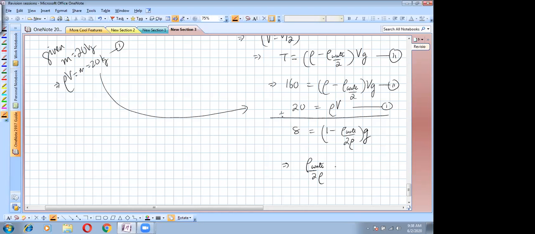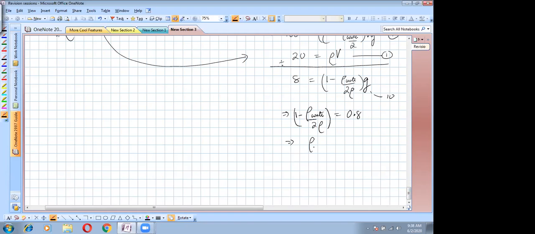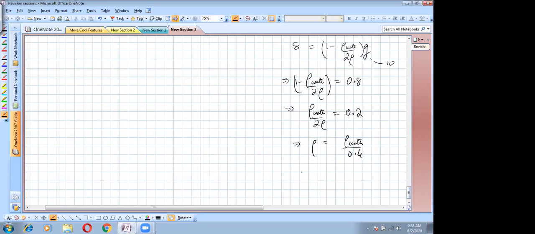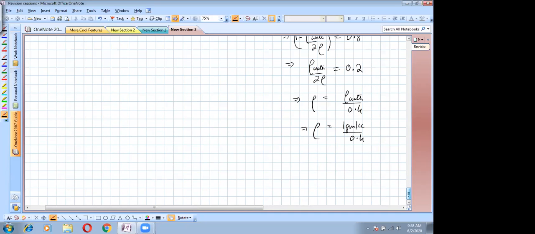So G is equal to 0.8. Take G as 10. So this becomes our final answer.